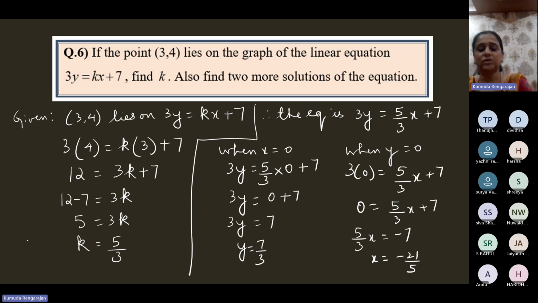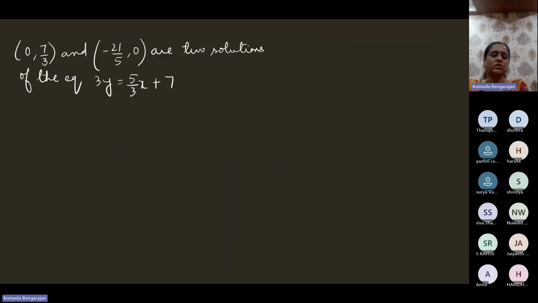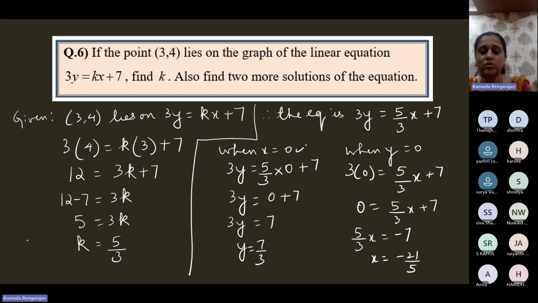So we gave x as 0 and found y is 7 by 3. And then we gave y as 0 and found that x is minus 21 by 5. So these are the two solutions of the equation. Put the x value first, (0, 7 by 3), then (-21 by 5, 0).